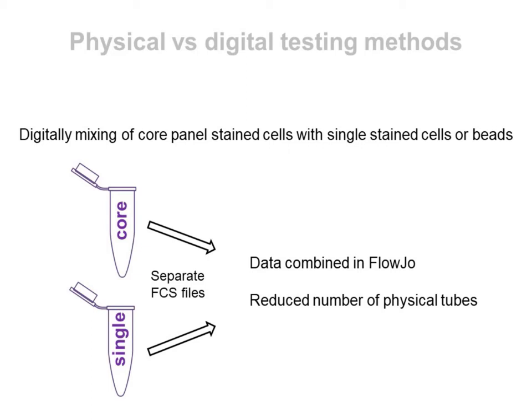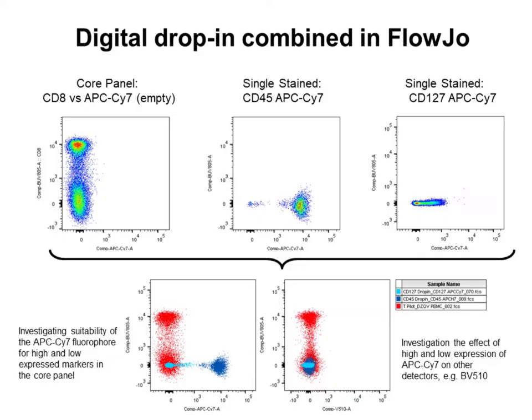Okay. So we have done that, and I'm going to present you a little bit more on this now. So this is an example of the digital drop-in method in action now, so you can see.